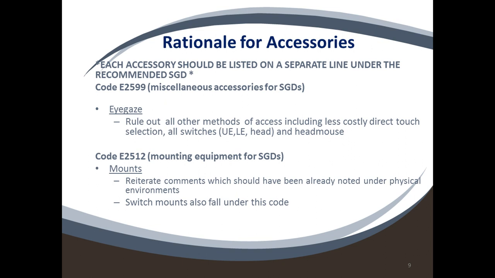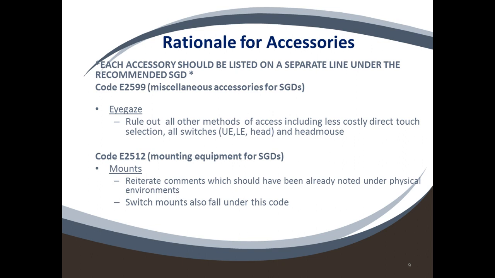But this particular slide, I think, is really important, something that we often forget: when you are funding an eye gaze accessory, even if that accessory looks like it is attached to the device, it's not separate from the device to your naked eye, it still is separate when it comes to funding. So a funding source wants that written separately.